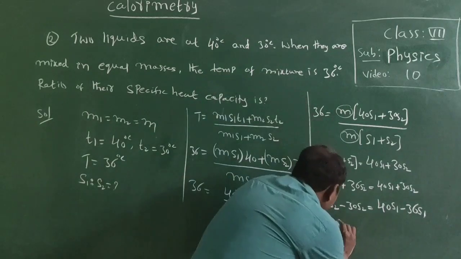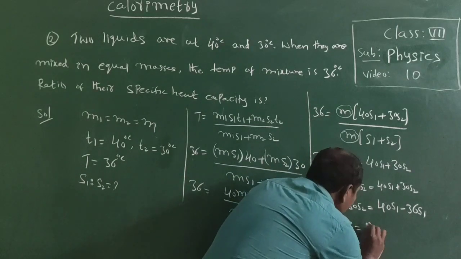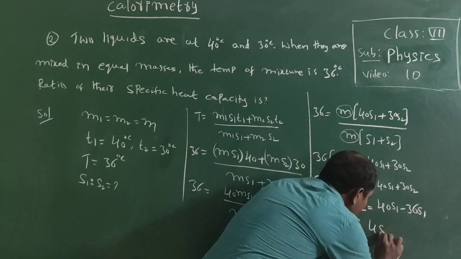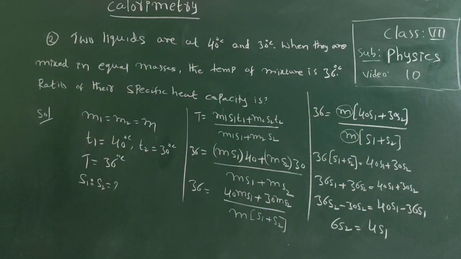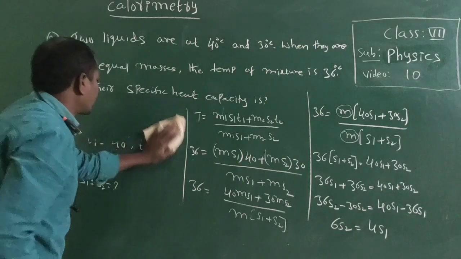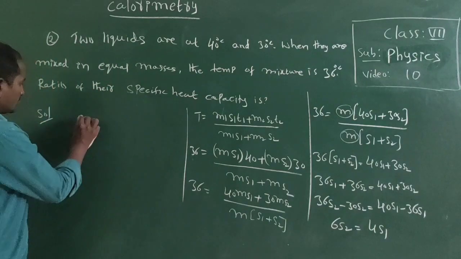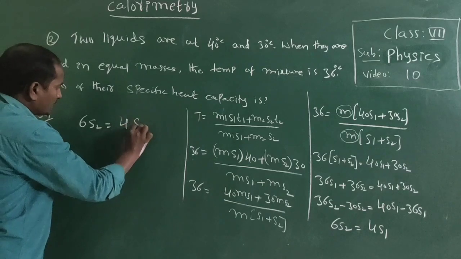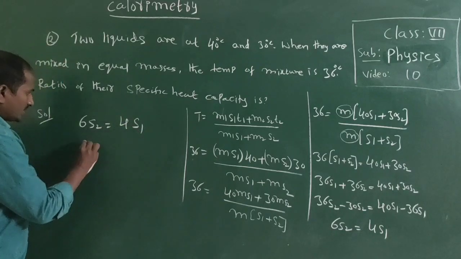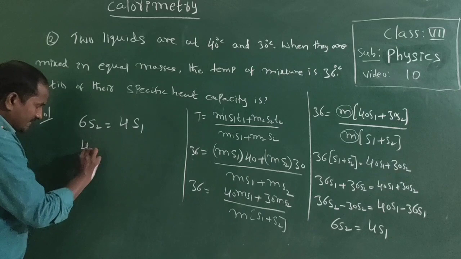So here 6 S2 equal to 4 S1. We got 6 S2 is equal to 4 S1. Okay, so we can write here like this also.